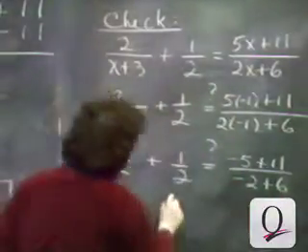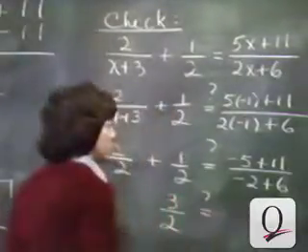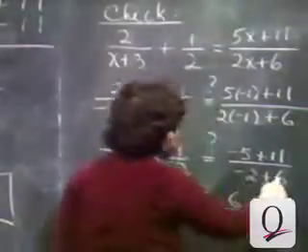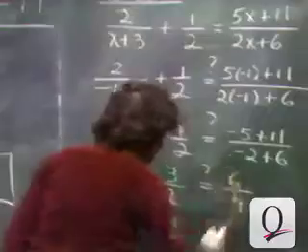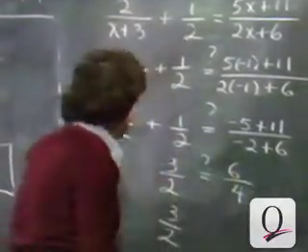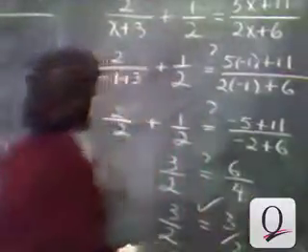On the left side, we have 3 halves. This should be equal to minus 5 plus 11 gives you 6. Minus 2 plus 6 gives you 4. And of course, 6/4 can be reduced to 3 halves by dividing numerator and denominator by 2. So we get 3 halves equals 3 halves, and that works out.